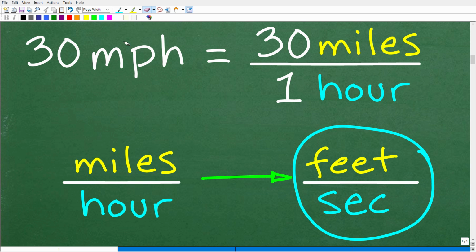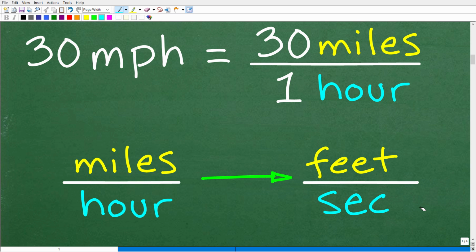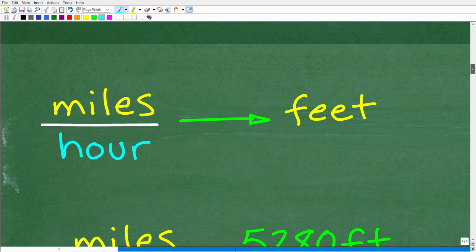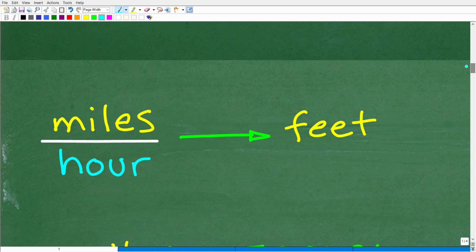And what we need to be thinking about is, how do I go from miles per hour to feet per second? Well, this process is called converting units of measure. Very, very important process. We're just going to take it nice and slow in terms of explaining this. First, let's get out of miles and get into feet.